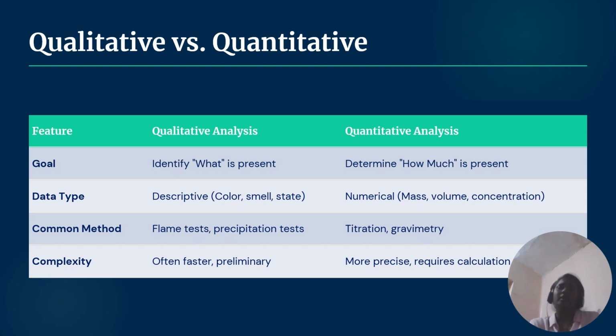As for complexity, qualitative analysis is often faster and preliminary. We get results instantly. Quantitative analysis is also not that complex, but it requires calculations and gives more precise results. It is the best way to analyze things, and it is very important in a chemical engineer's life.